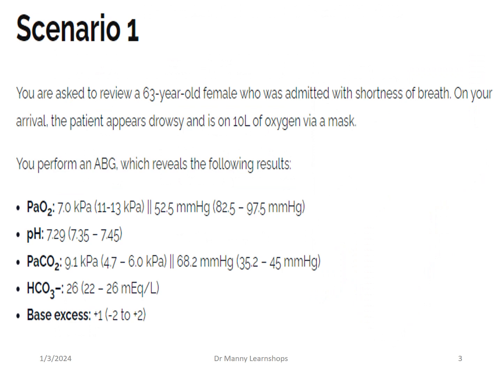So if we look at scenario 1, you're asked to review a 63-year-old female who was admitted with shortness of breath. On your arrival, the patient appears drowsy and is on 10 litres per minute of oxygen via a face mask. You perform an arterial blood gas which reveals the following results.